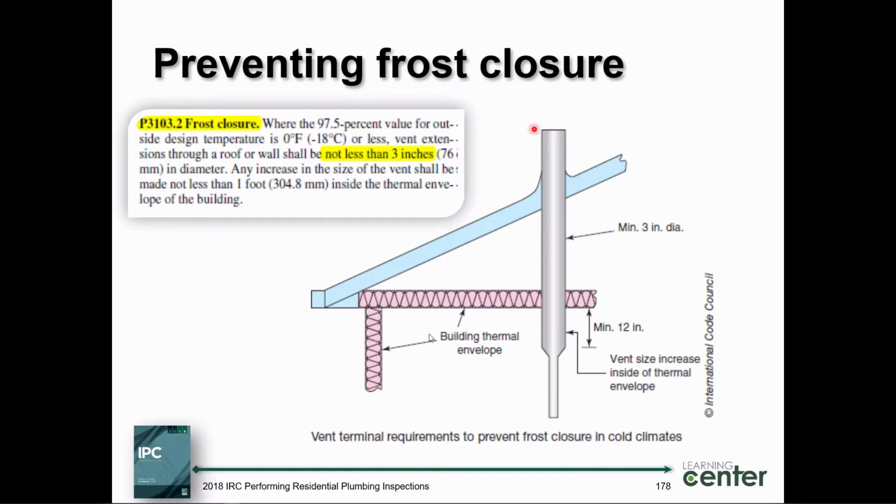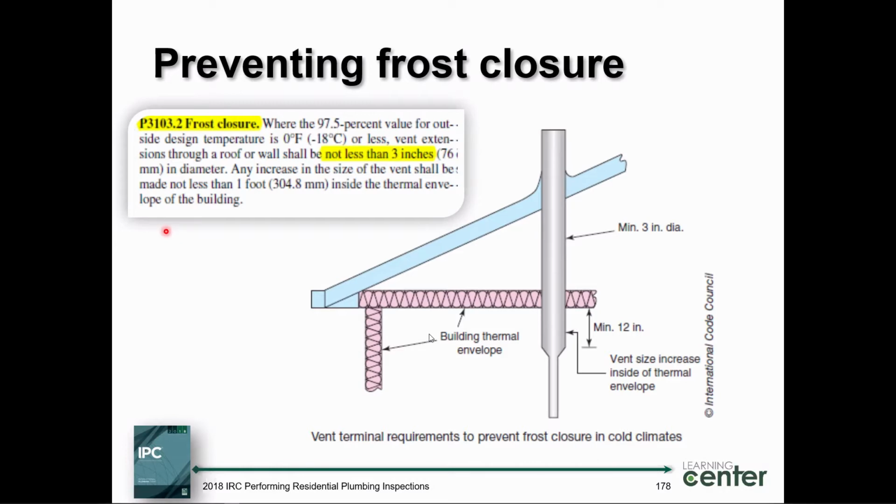A lot of times we have crystallization that builds up on the inside of the pipe right here at the inlet of the air that is supposed to be used for our air reference or our atmospheric pressure reference. It frosts up at this location. If I had such a small pipe going through the roof in these cold areas, due to the heat that's given off from the contents within the pipe, it would frost over. We need a bigger diameter pipe, and in this case, it's got to be not less than 3 inches for cold areas. So there you have it.